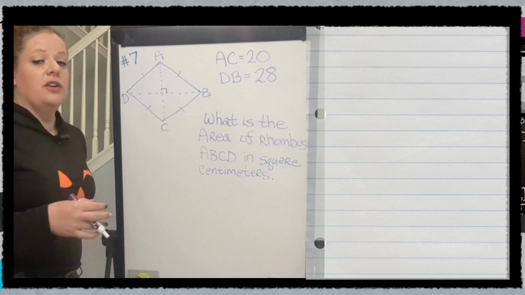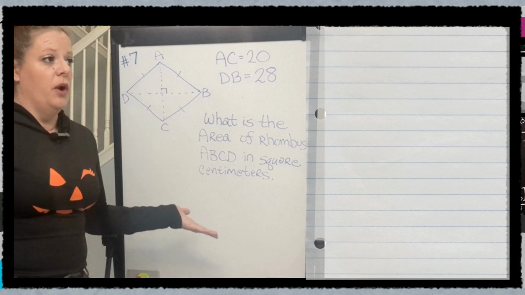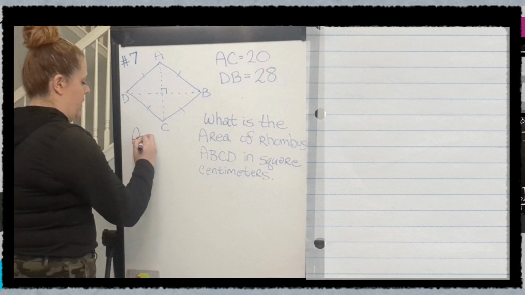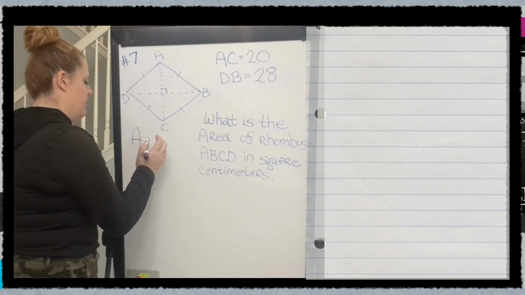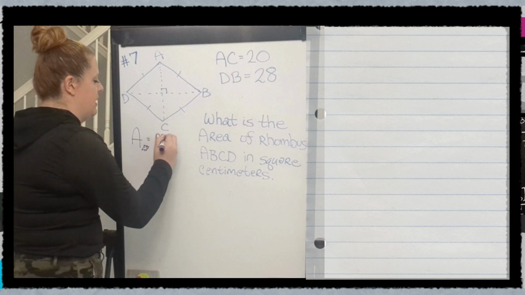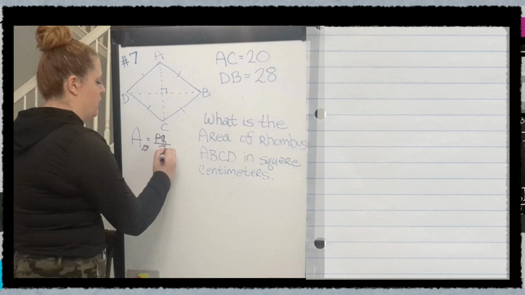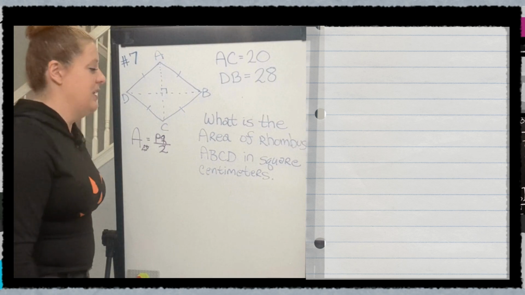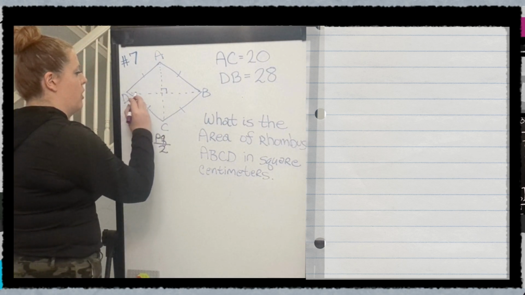The first way is there is an equation, a formula for area of a rhombus. The area of a rhombus, I'm going to draw it like that, is PQ over 2. And y'all are going to be like, PQ, what are you talking about? Well, what we're talking about are the diagonals.